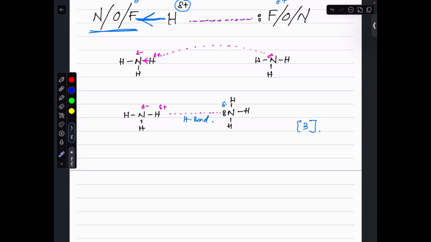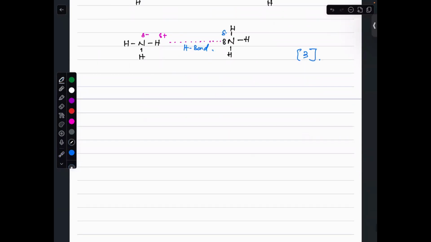Now, if I ask you whether there is a hydrogen bond between ammonia and water? Yes, of course. How? This also contains N-H and O-H, and they can do hydrogen bonding. Now what will happen?